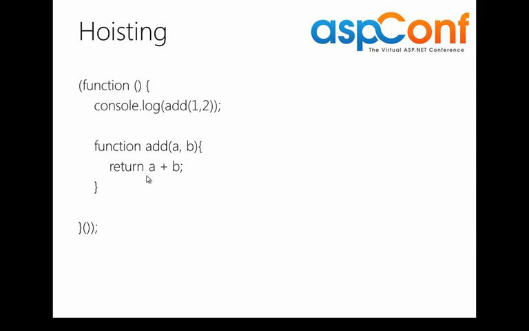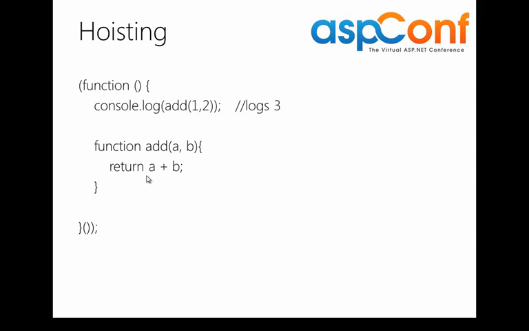In this example, we don't have a function expression. We're not assigning a function to a variable called add. We are declaring a function called add that takes 2 parameters and adds them. As such, we can actually use that before we have actually declared the function, and as such console.log add(1, 2) would log 3.